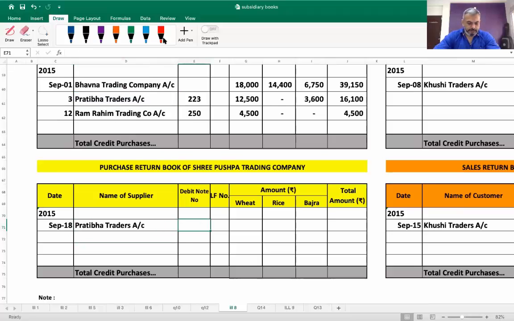Pratibha Traders, debit note number 15. Amount is 2,500. How is it 2,500? 100 kg into the rate of 25. No trade discount, nothing. So 2,500. No rice, no bajra. Total.